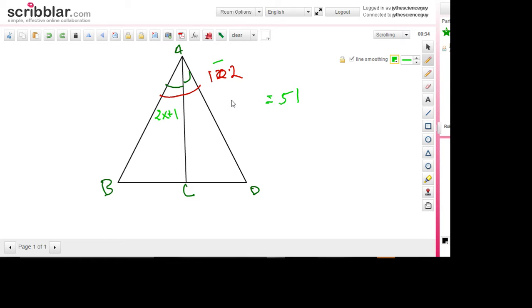And now I'm just going to set them equal. Oh, you were right, it's 25. Good.